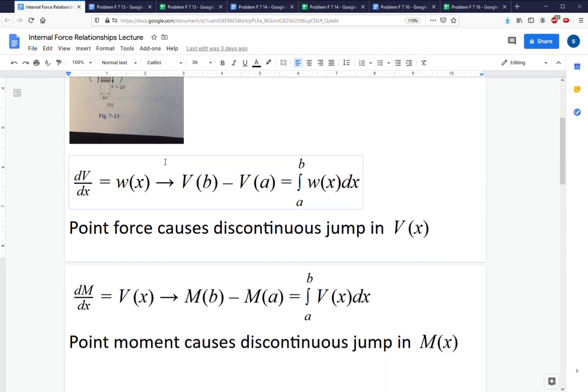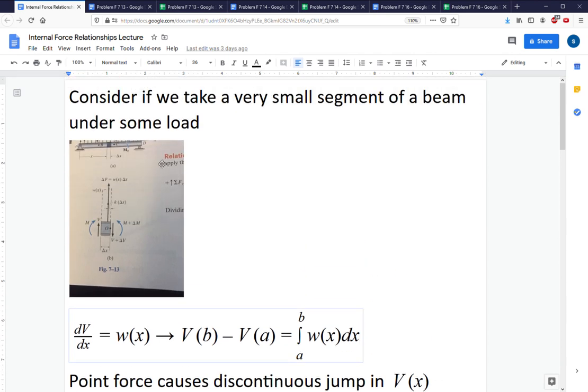Next, we can look at the moment. Let's, for now, ignore any applied moment. Let's just say that this is the entire situation. There's moment on the left, there's moment on the right.